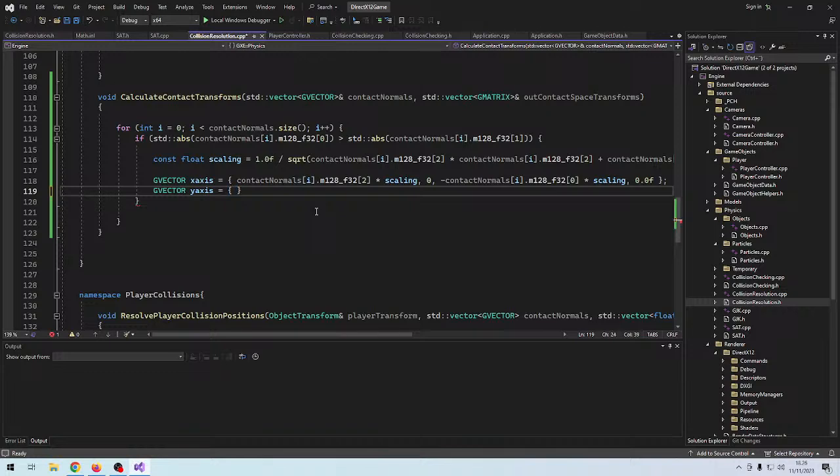Then we take the contact normal y component and multiply it by the x-axis x component. This is basically a cross product in the making.